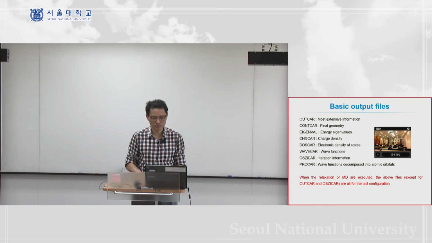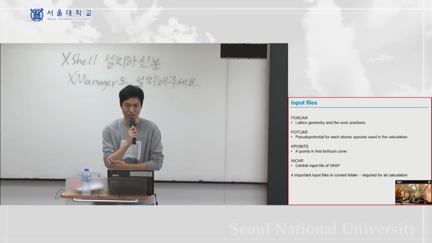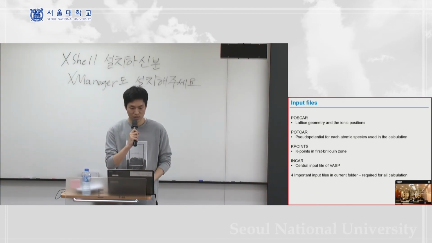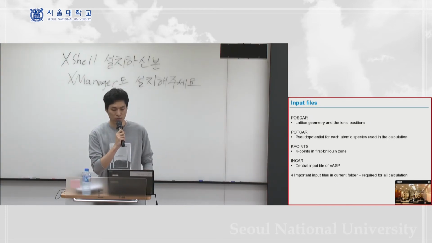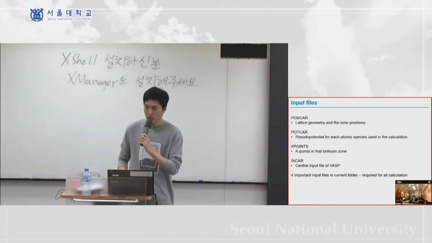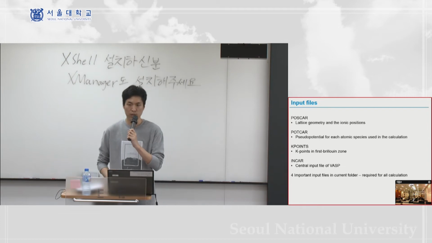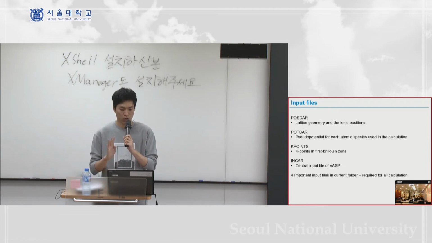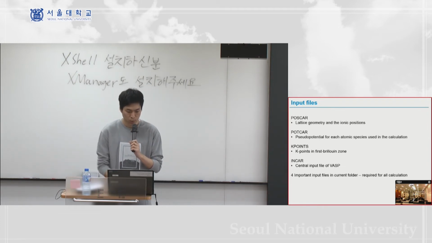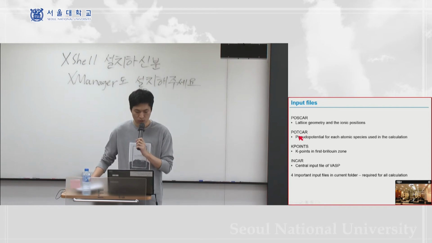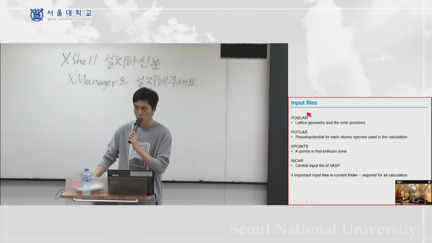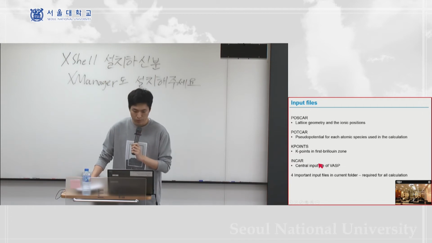Okay, so in this practice session, we will do some calculations using VASP. So in order to do calculations with VASP, you need 4 input files: POSCAR, POTCAR, KPOINTS, and INCAR. You need at least these 4 input files.